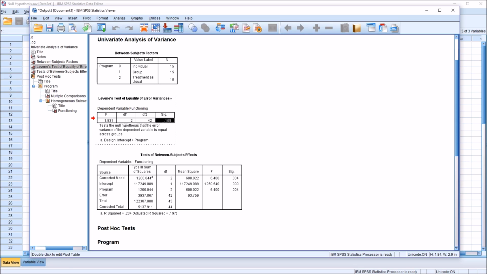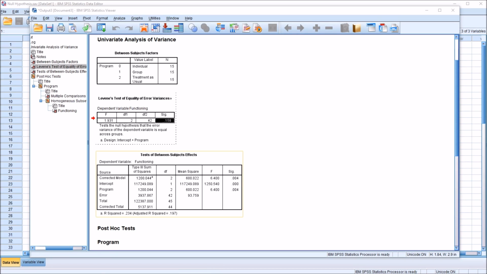Other common alphas would be 0.01 and 0.001. 0.05 is the most common, that's the one I'm going to use here, and 0.158 is greater than 0.05, so here we would fail to reject the null hypothesis, or we would accept that the null hypothesis is in fact true. So we have homogeneity of variance because that is the null hypothesis.